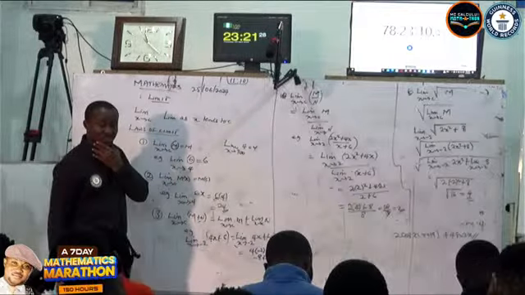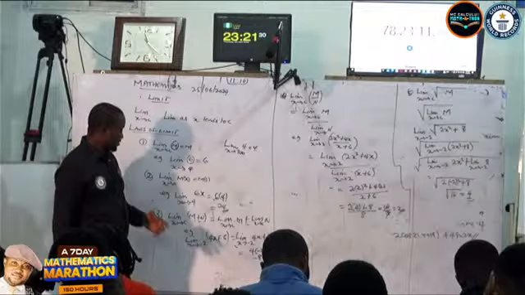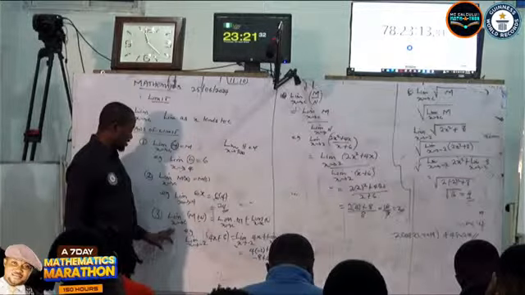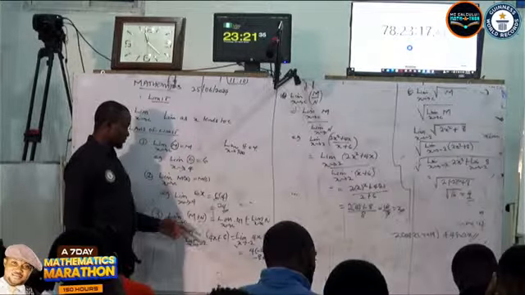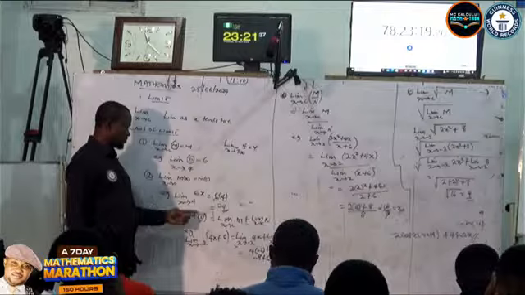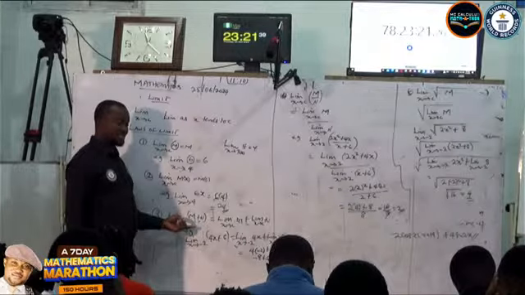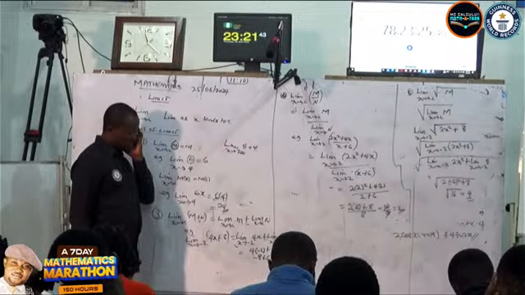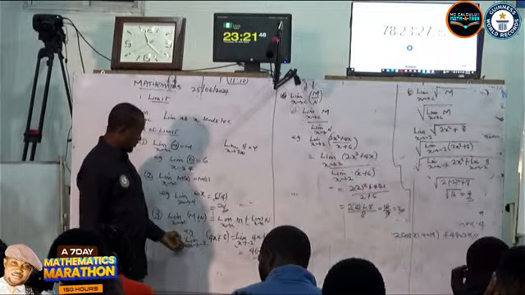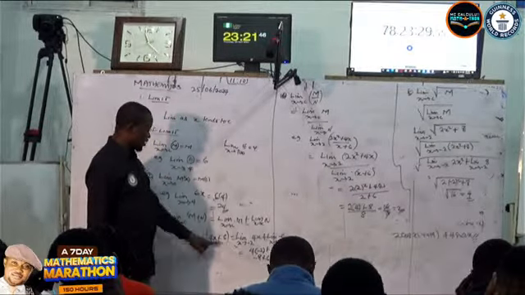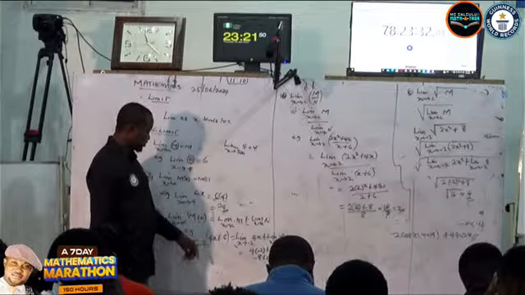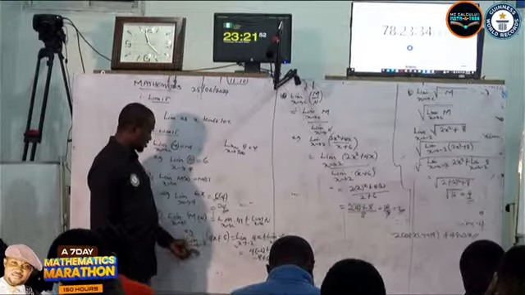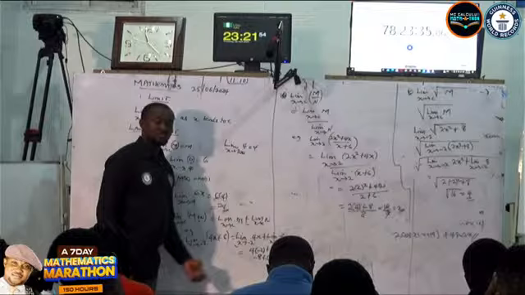Have you seen that? Now, the limit as x tends to c of m plus n means that if you have a limit and there's a bracket, this limit will affect both m and n. An example of that is the limit as x tends to minus 2 of 4x plus 6. Just open this bracket and touch this limit with the 4x and the 6.